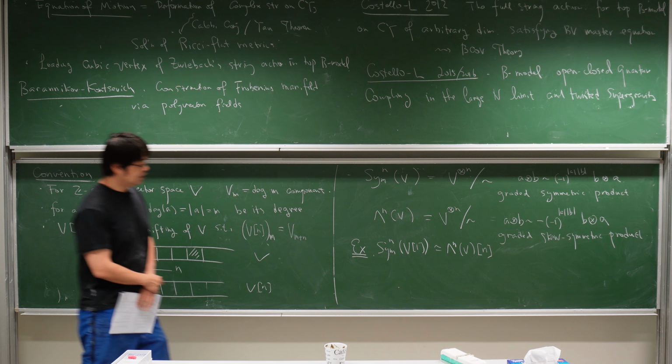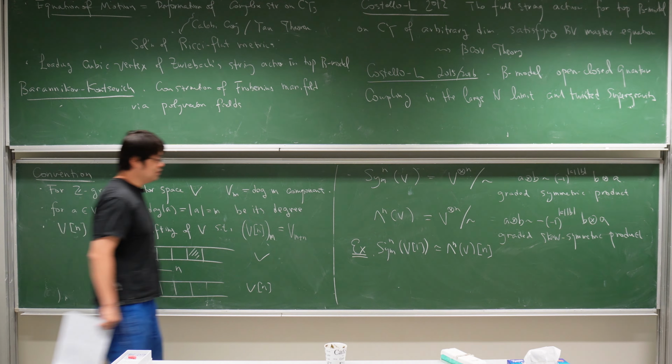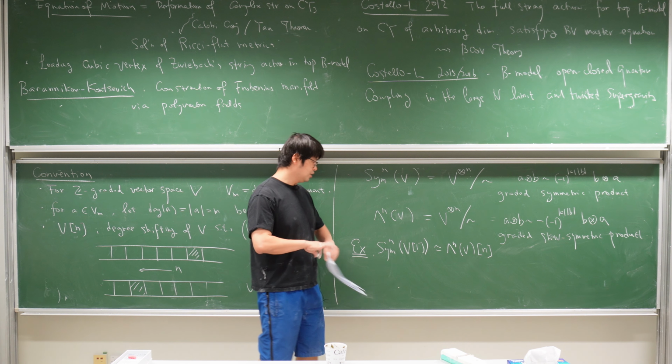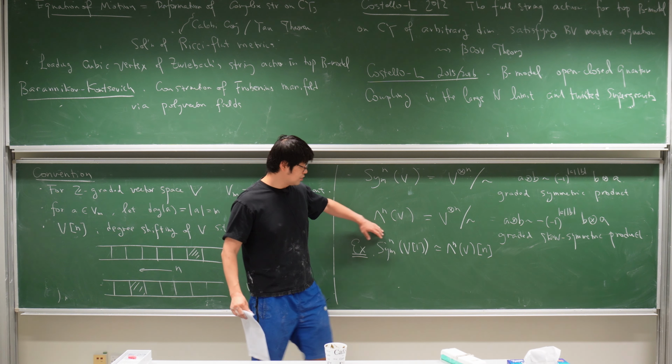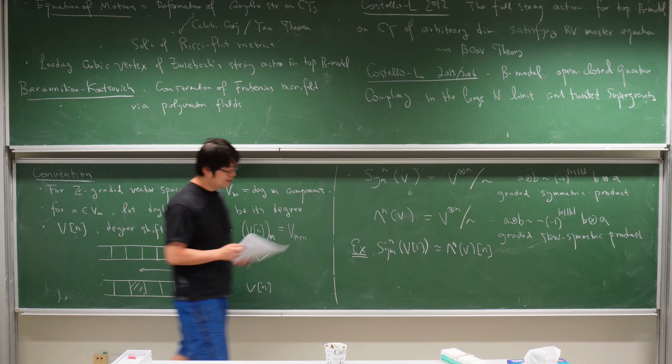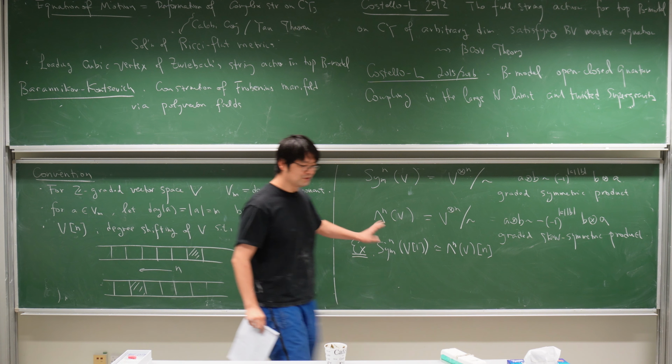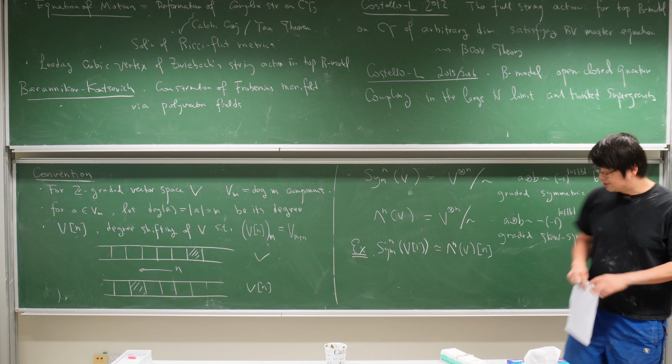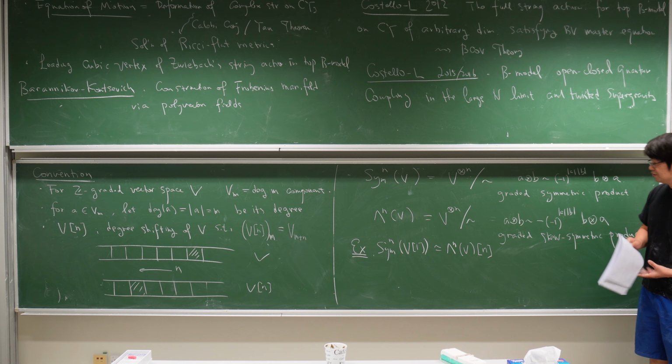So this means that if you shift the degree by 1, you basically turn all symmetric relations into skew-symmetric relations. This is not trivial. I strongly recommend you sit down and try to figure this out.